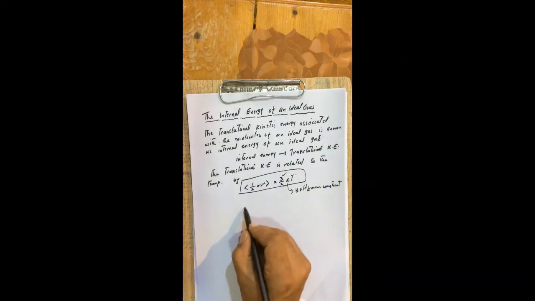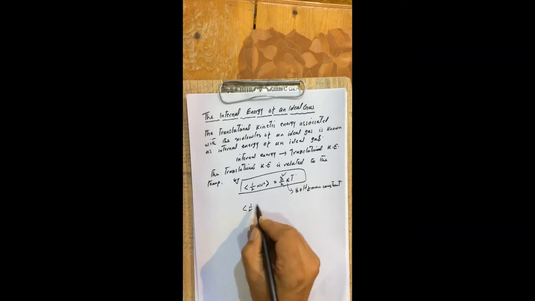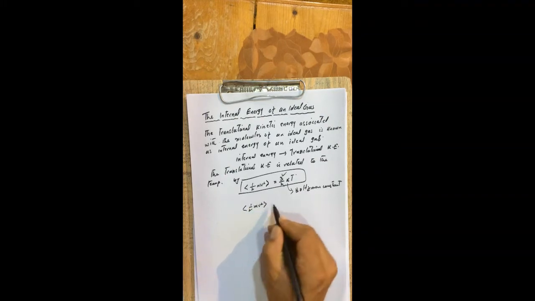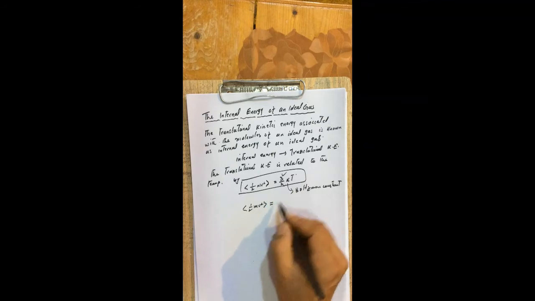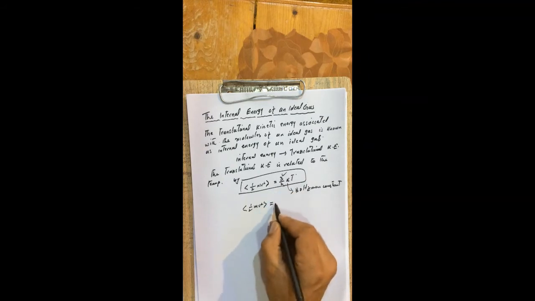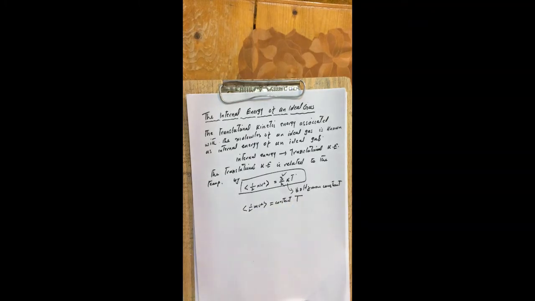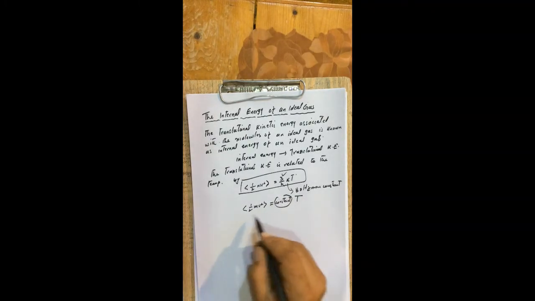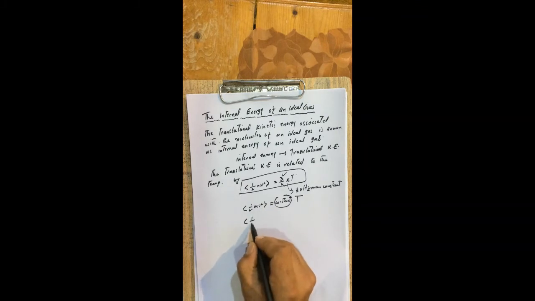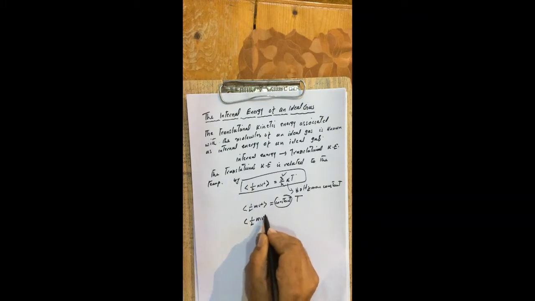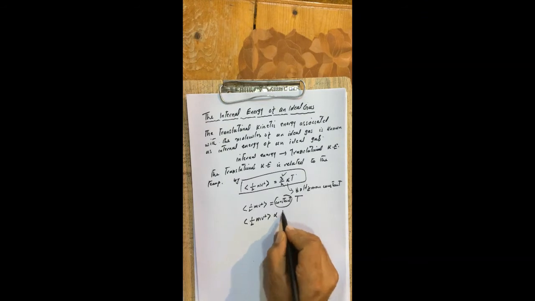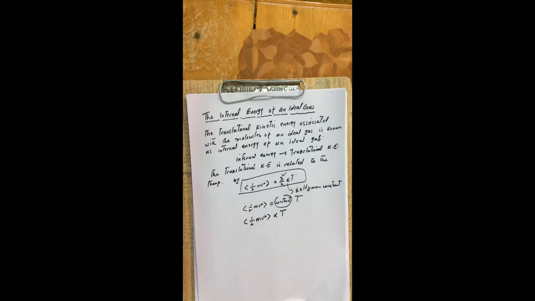So it means that this translational kinetic energy, half mv square, is equal to some constant, 3/2 k, times this T. If I remove this constant, it means that the translational kinetic energy is proportional to the temperature.